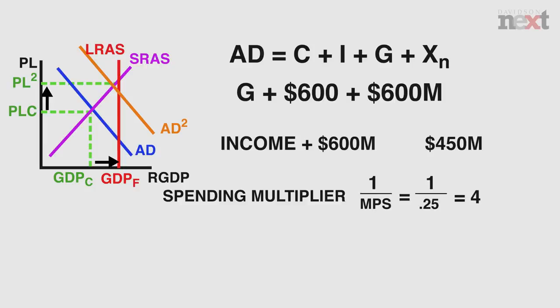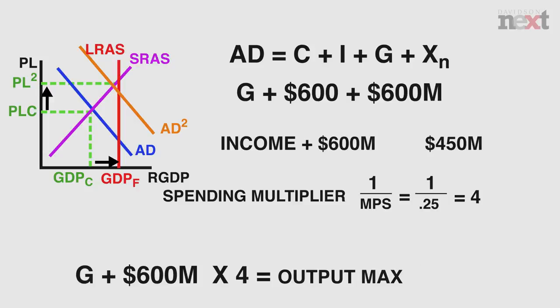In our case, the spending multiplier is 4. A $600 million purchase of goods and services by the government multiplies in the economy by a factor of 4, giving us a maximum increase in output of $2.4 billion.